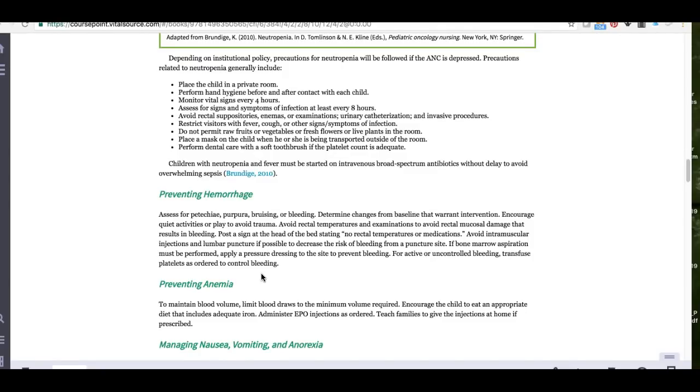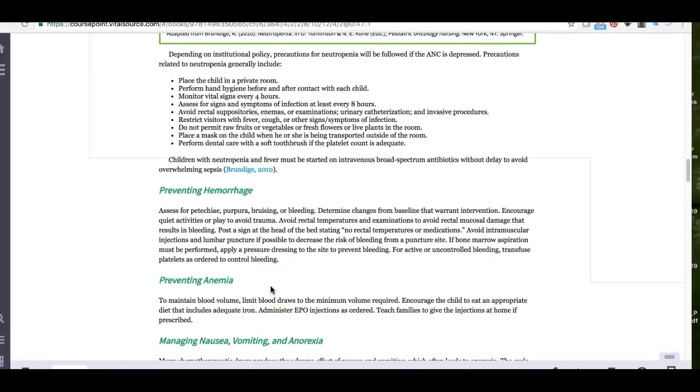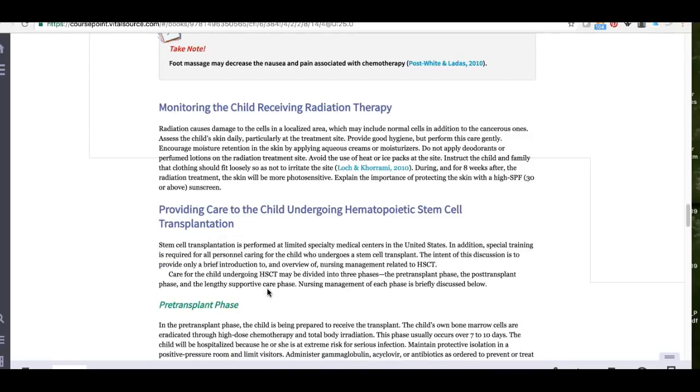They shave with an electric razor if they're shaving age. You clean their room up. You make sure there's no trip hazards because their platelets could be down too. So you want to make sure that you clear the area and you don't have any hazards that might make them bleed.